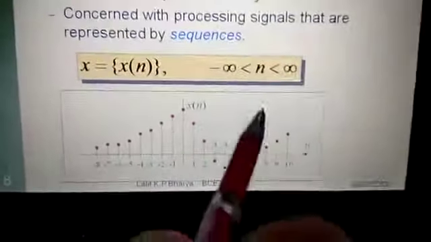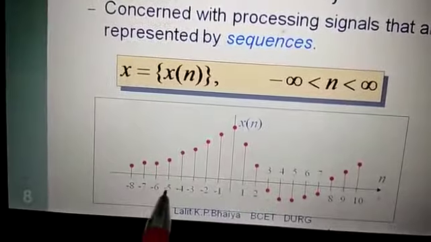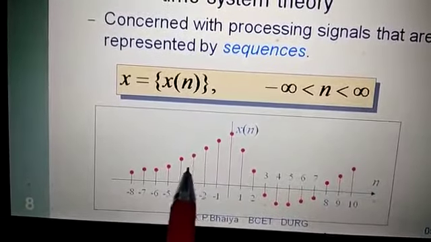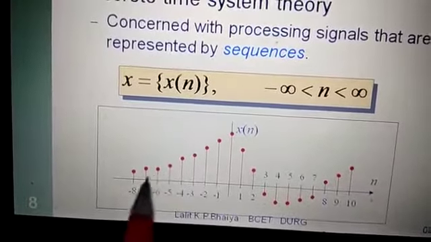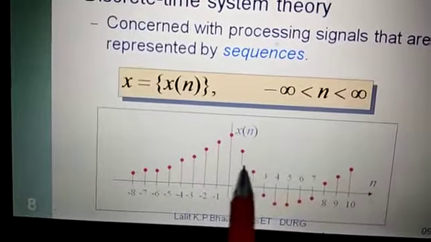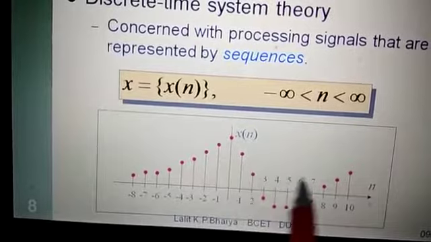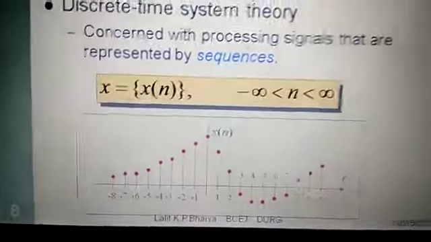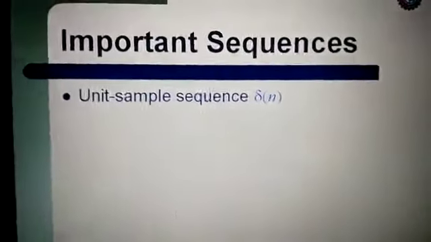And this sequence is shown in this graph. This type of representation is there for the discrete time system.